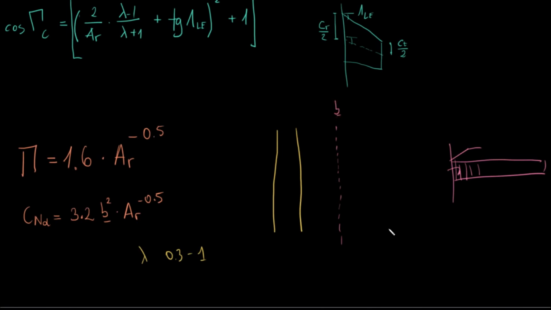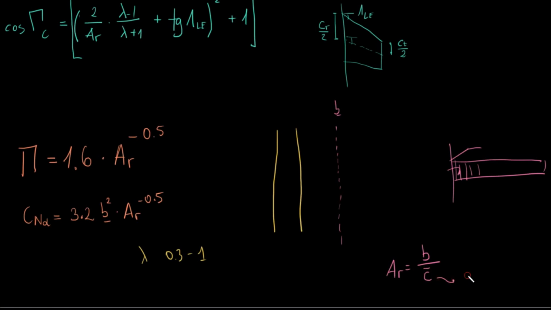Remember that our aspect ratio we can put in many ways. I like to put it this way: the span on one side over the semi-sum, the average of the two chords.